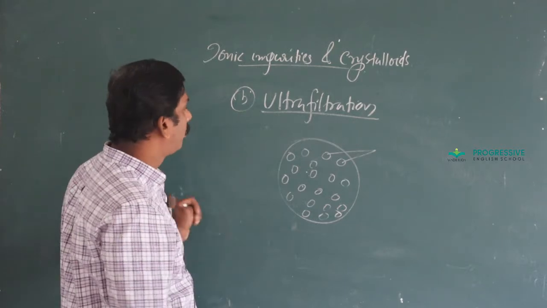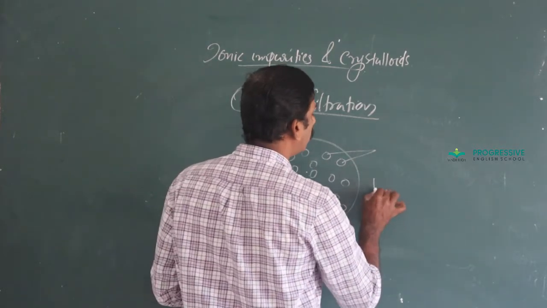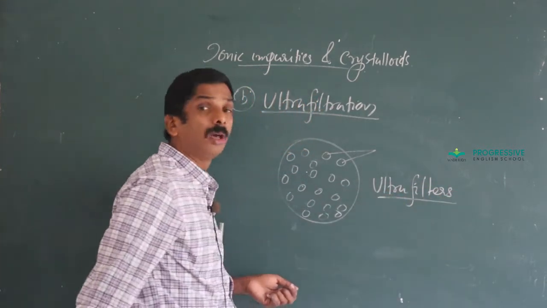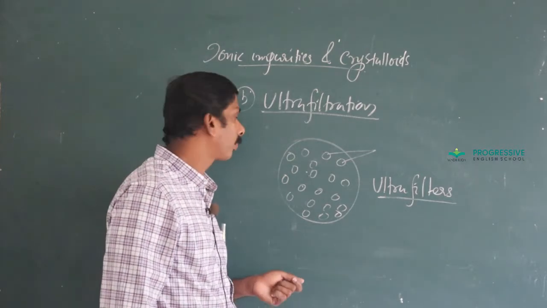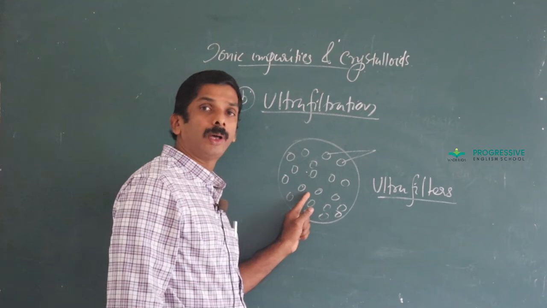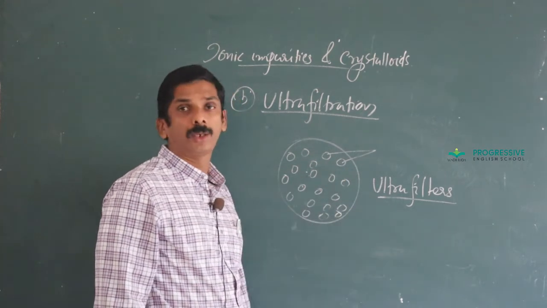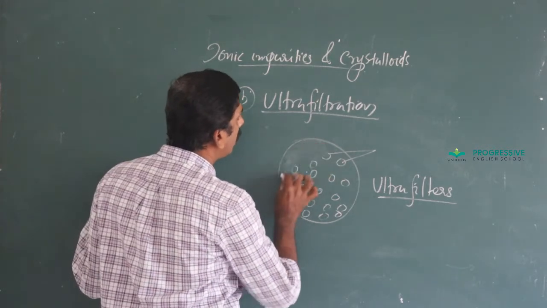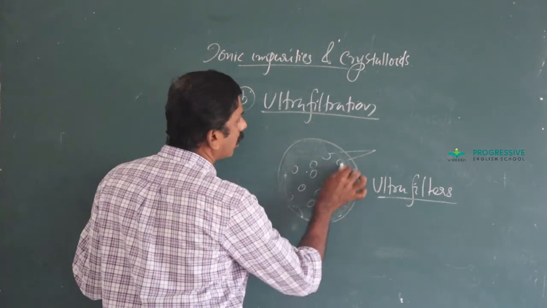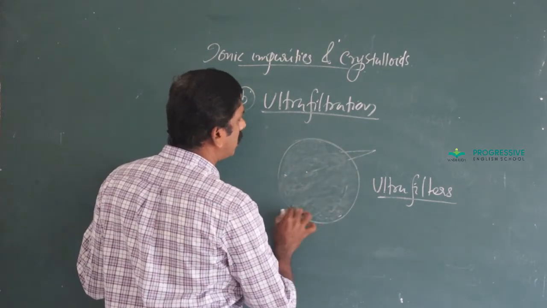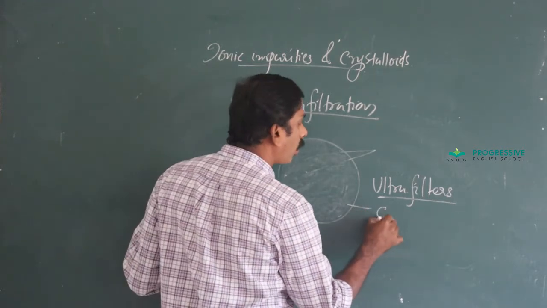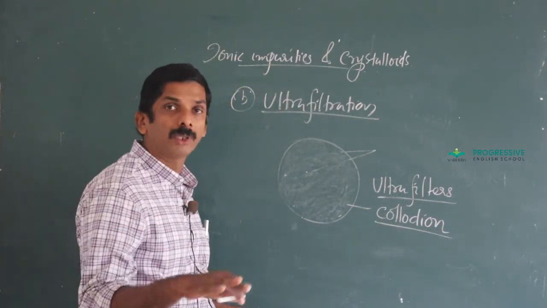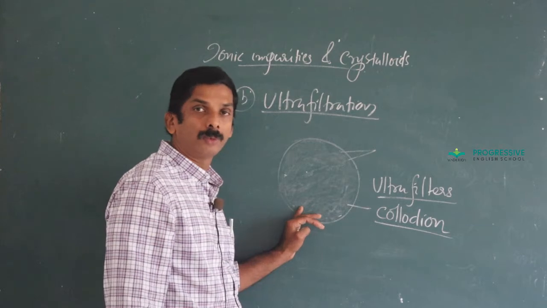Such graded filters are called ultra filters. Ordinary filter paper can be converted to ultra filters by pasting with, or impregnating with, a substance which is called collodion.